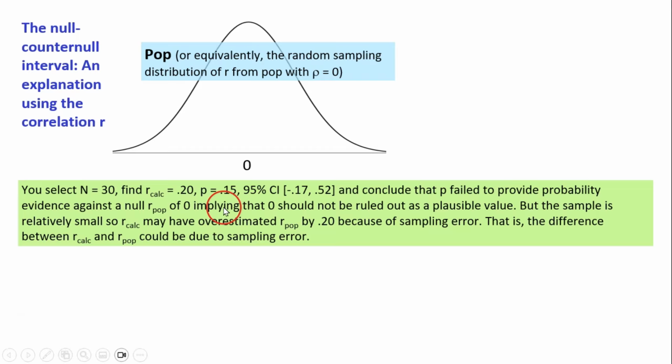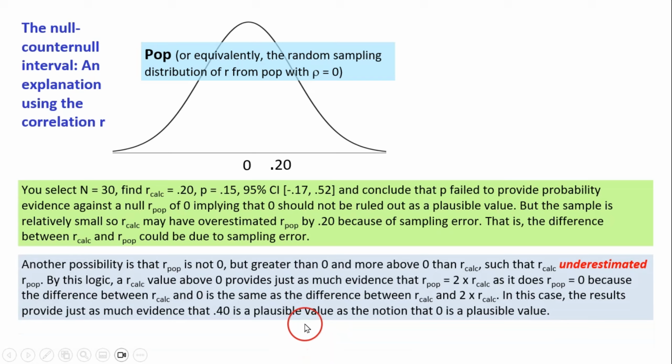So I don't have a lot of evidence against the null here of 0 with my observed calculation of 0.2. Maybe, maybe not. Let's take a look. There it is there. There's where you sit right now. Okay, you found an R of 0.2. There's your null for your sampling distribution, or your null correlation of 0.